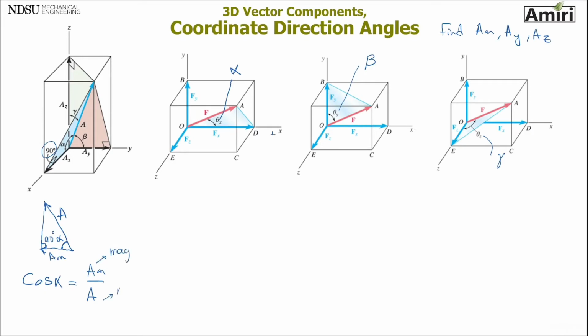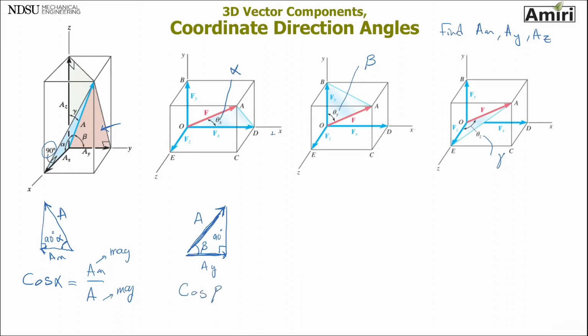Okay, let's look at this tan shaded triangle. I'm going to draw that one also in a flat way. This is my A, this is the 90 degrees, and this is my Ay. The angle between A and axis Y is called beta. Beta has a little tail at the end of it.